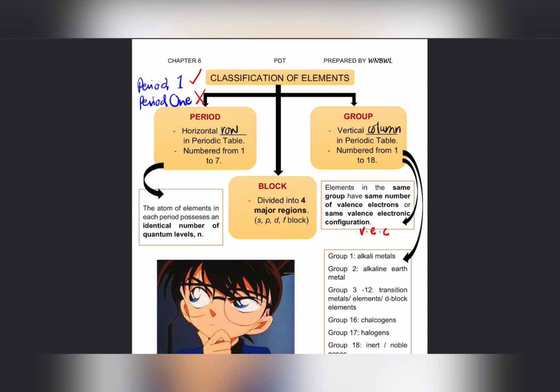And last one adalah untuk block. Iaitu blok, kita ada 4 major blocks, di mana dia adalah kawasan yang terluas dalam periodic table. We got S, P, D dan F block. Sama seperti term yang awak belajar dalam chapter 5, SPDF orbital. So ia merujuk kepada benda yang sama.